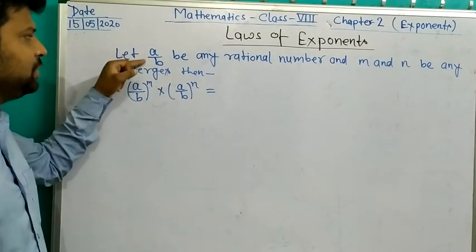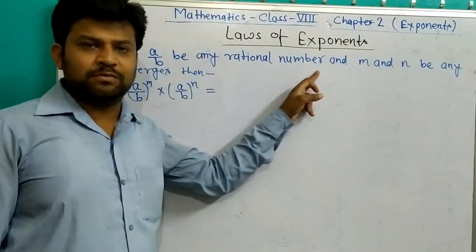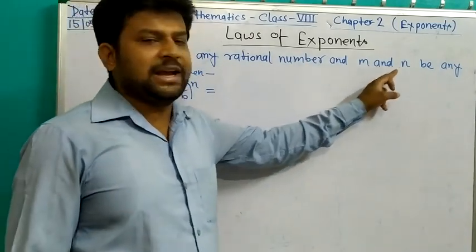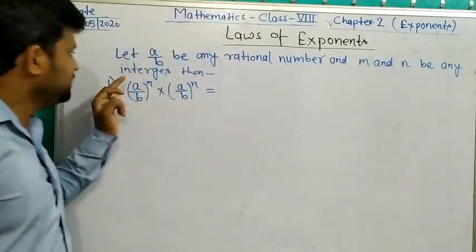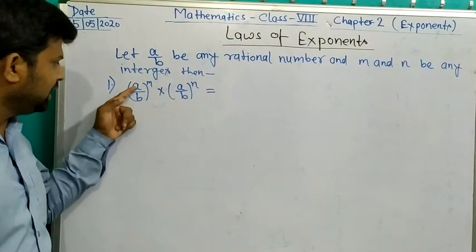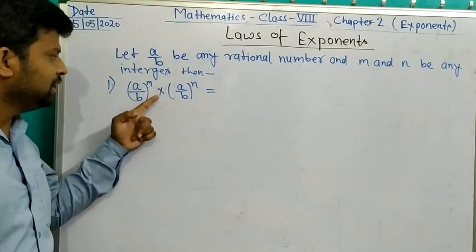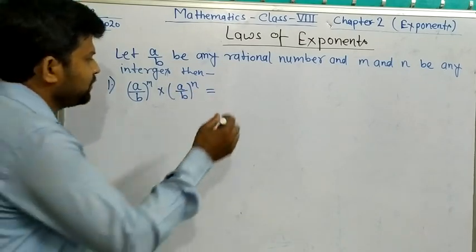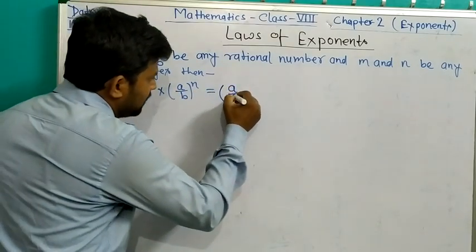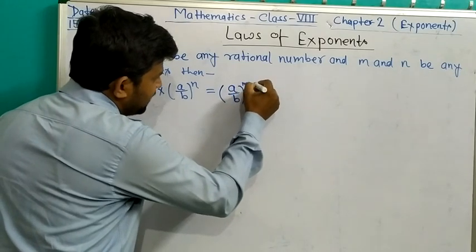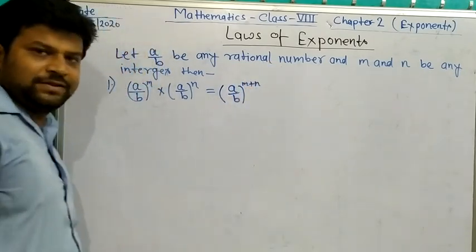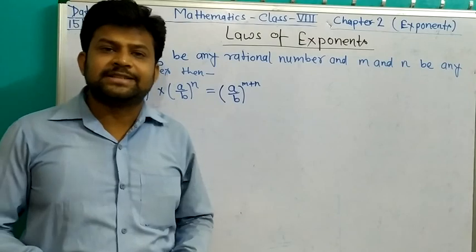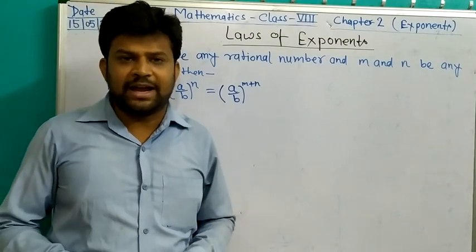Let a upon b be any rational number and m and n be any integers. Then (a/b)^m multiplied by (a/b)^n is equal to (a/b)^(m+n). As we know, when bases are the same, then powers are added.